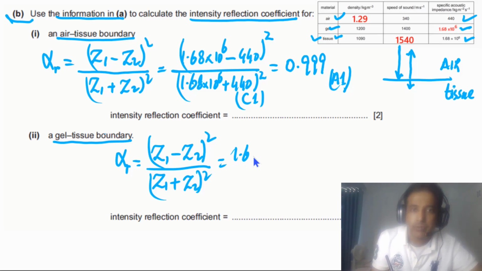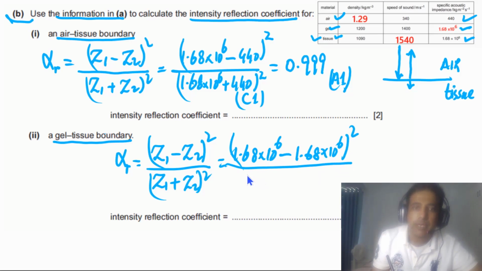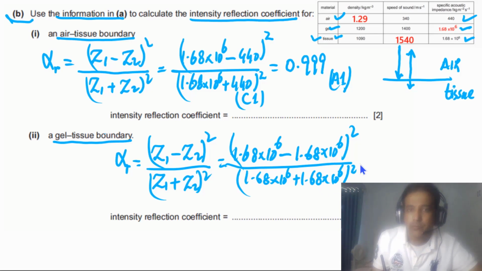So we have 1.68 times 10 to the 6 minus 1.68 times 10 to the 6, squared, divided by 1.68 times 10 to the 6 plus 1.68 times 10 to the 6, squared.